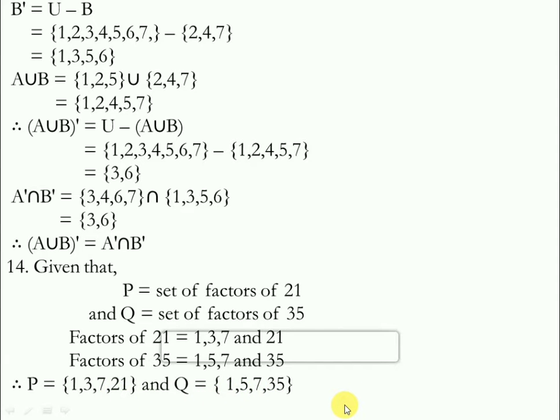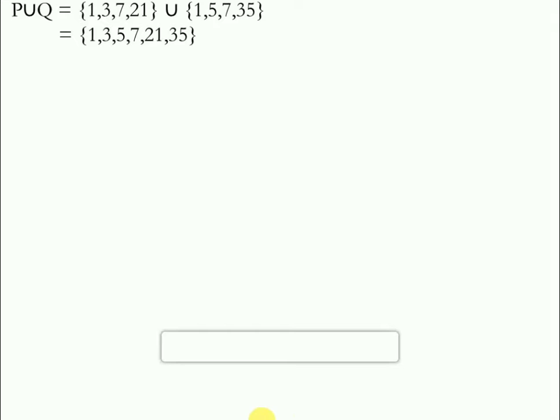Then one work remains, that is P union Q. So 1 3 7 21 union 1 5 7 35. Now as we know, in union we have to take common and uncommon all the elements in a set.